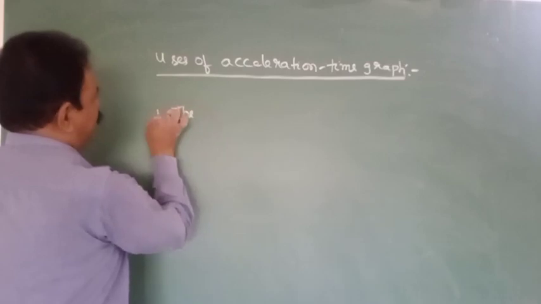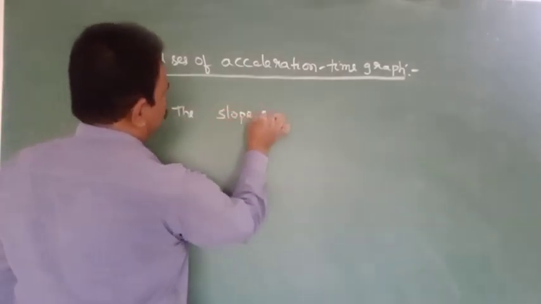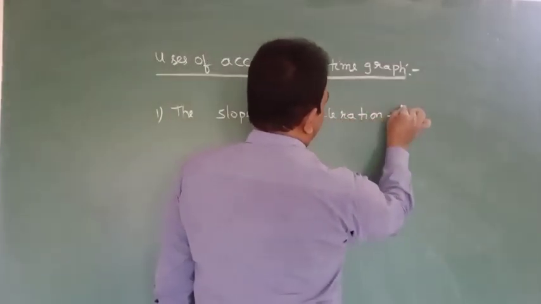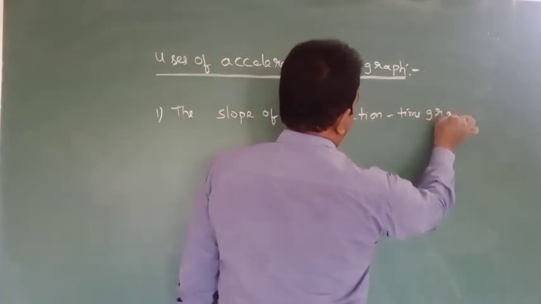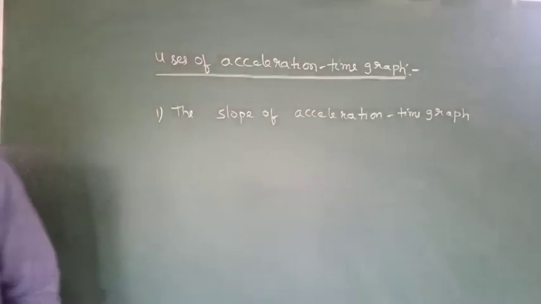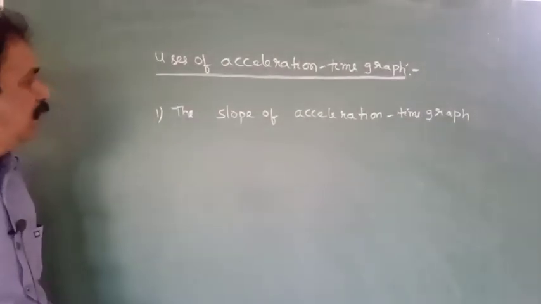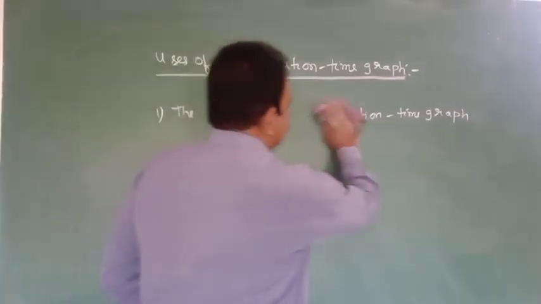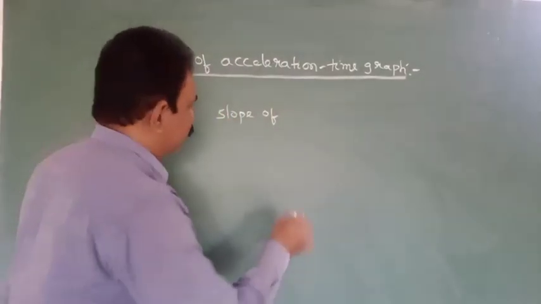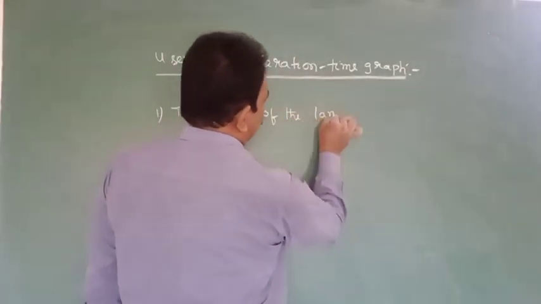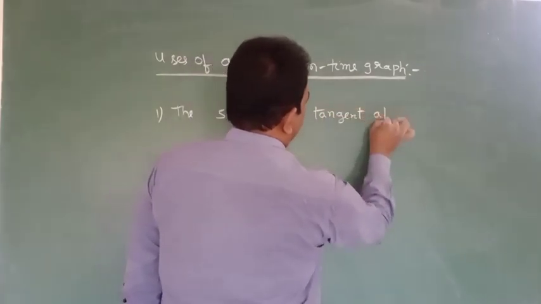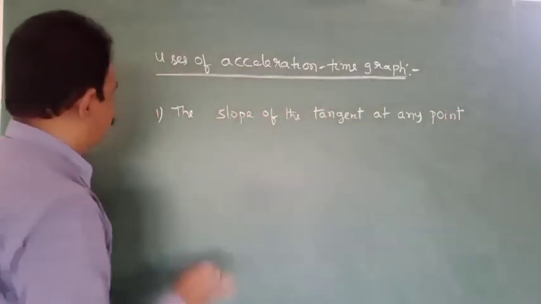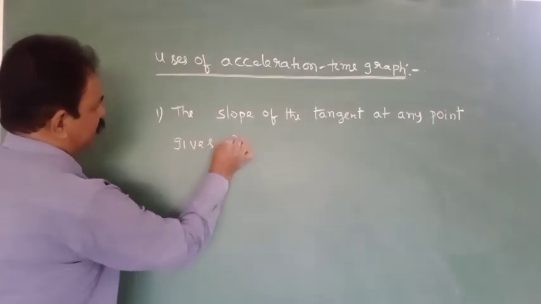The slope of the acceleration time graph, or the slope of the tangent at any point, gives jerk.